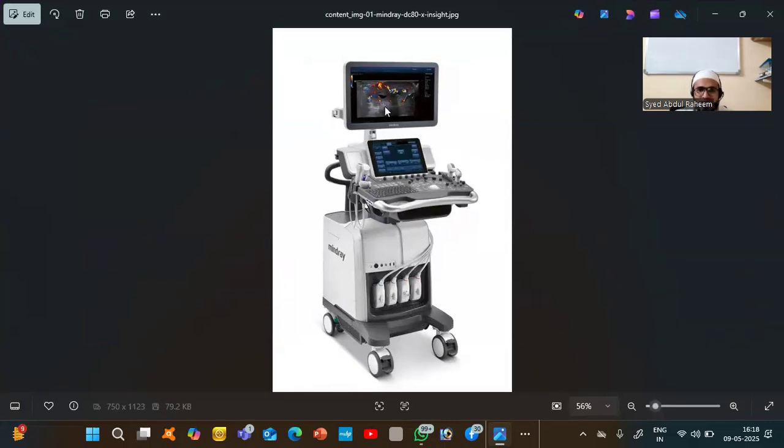You have the screen, some settings, and you have the probes. Different types of probes are there, and this is the processing unit. With the help of the probe, the processing unit will display the inner images of our body. So this is the ultrasonography machine.